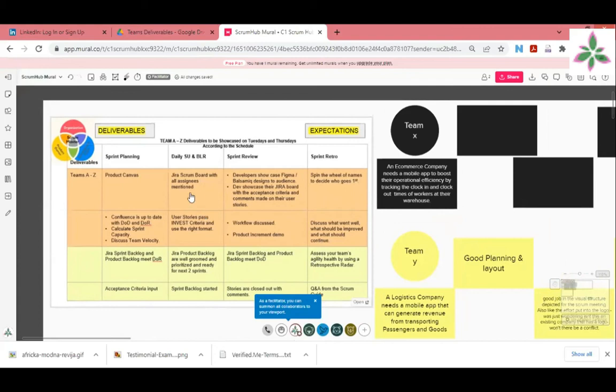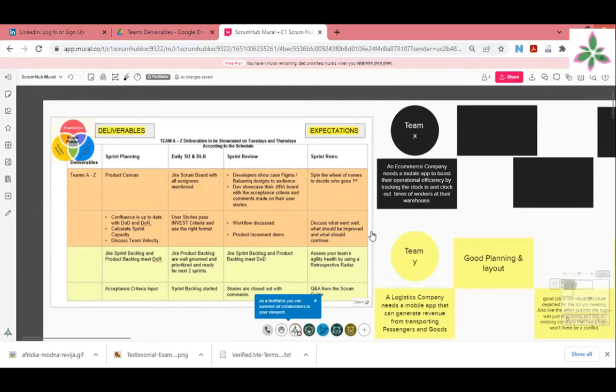Okay, so yeah, the PO is responsible for maximizing value of the product. The PO is responsible for ensuring that the clarity, the explanation, the team understands what is to be achieved.